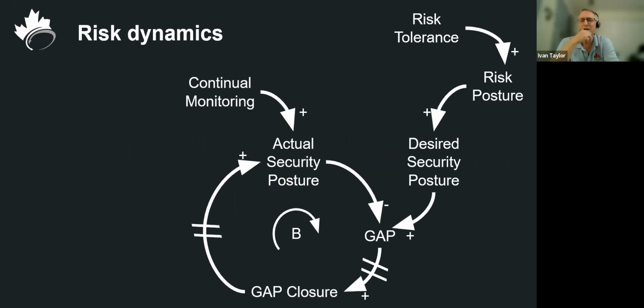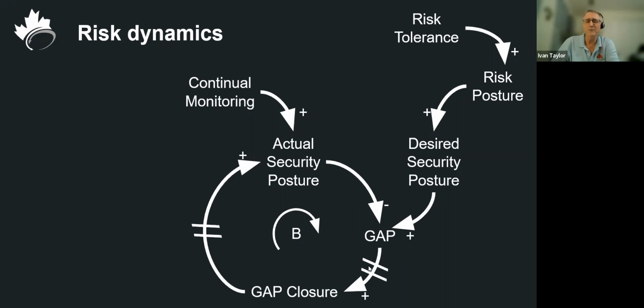Here's an overview of a dynamic procedure for conducting security. And it begins with a risk tolerance up here in the upper right-hand corner that develops a risk posture and a desired security posture. And then when you compare the desired security posture to the actual security posture, you may have a gap between the two.